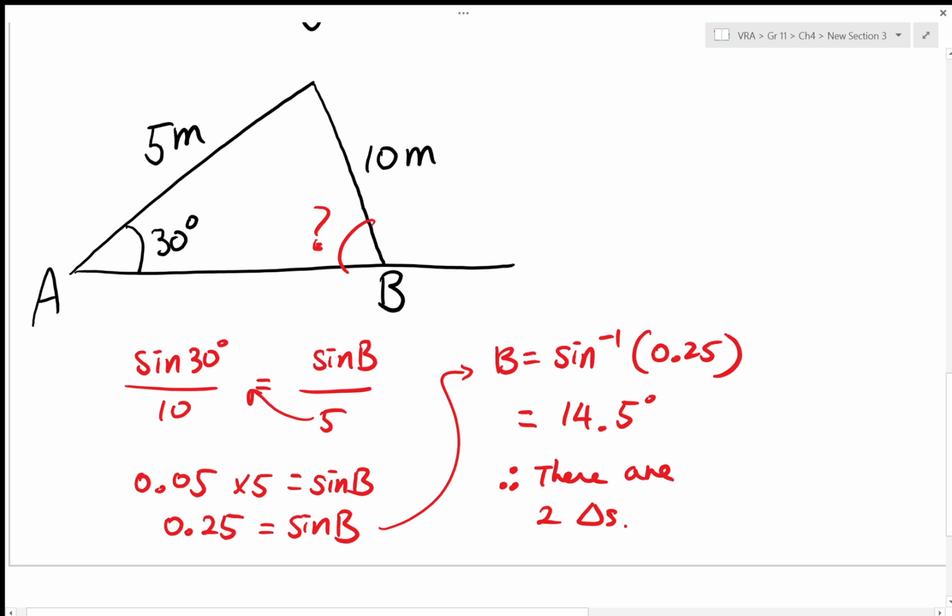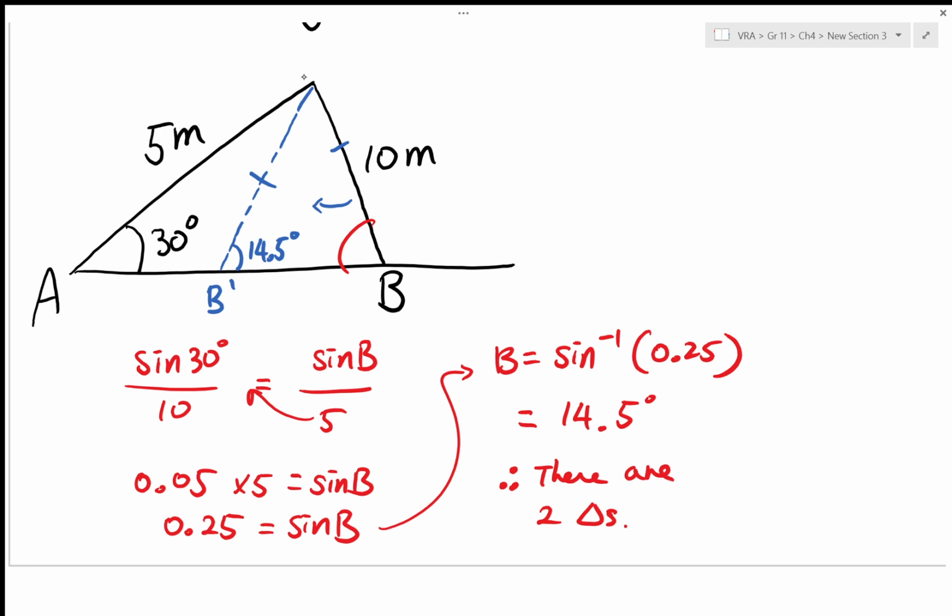Then the question is, what about the other triangle? I'm going to use the blue to figure out the other triangle. If I swing this, it's going to form another line right here. Do you agree? I'm going to label that as B prime, since I shifted B. Now, I know that this side is exactly the same as this side. This is an isosceles triangle, so this is 14.5 degrees too.